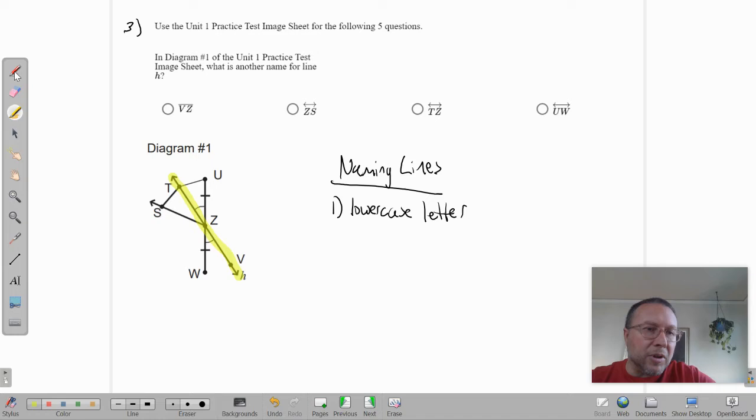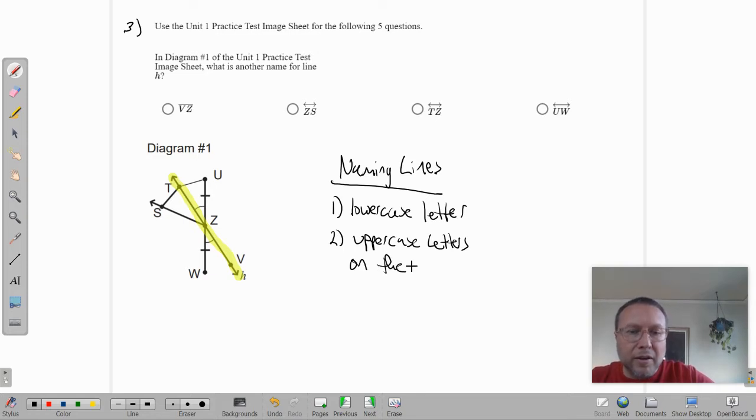The other way that we name it is by the uppercase letters that are on the line. When we use a lowercase, it's usually a lowercase letter at the end. So you notice that H is at the end there.